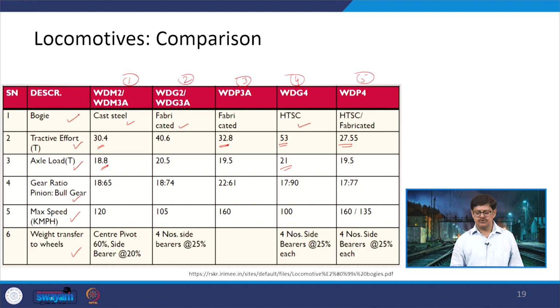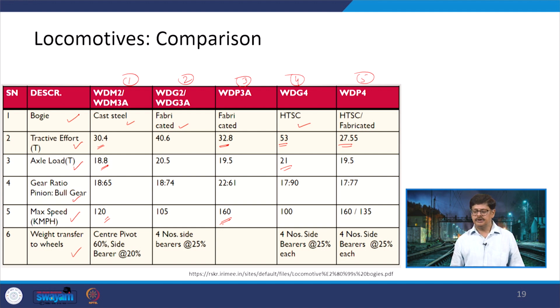The gear ratios are also different, like 18 to 65, 18 to 74, 22 to 61, then 17 to 90 or 17 to 77. Maximum speed, in the case of the mixed one, goes to 120, but WDP3A has been manufactured for a speed as high as 160 kilometers per hour.